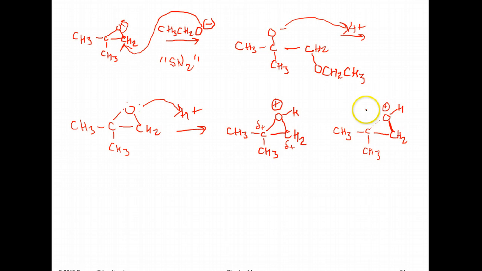Because this is a much larger partial positive than this one. See how small of a partial positive that is? This is so much more partial positive because it's kind of making a tertiary. Notice I have 3 carbons around it. It's a tertiary carbocation as opposed to a primary carbocation. So when I protonate, this bond already starts breaking. This is a much bigger positive charge.